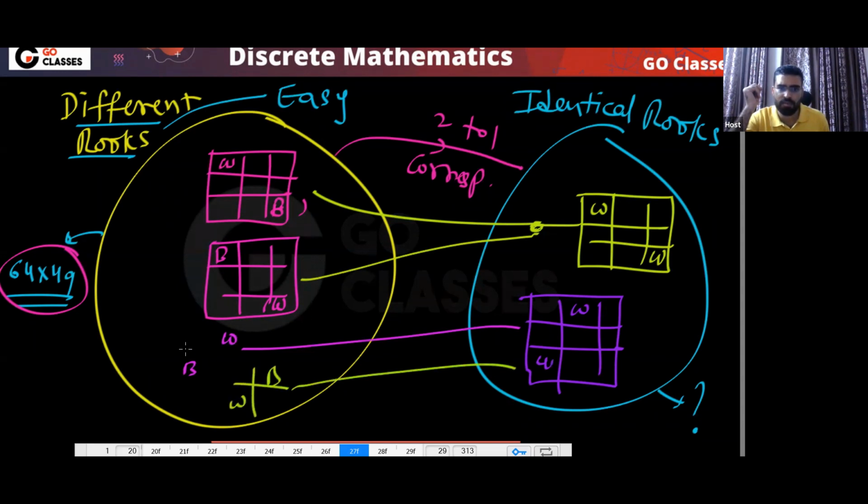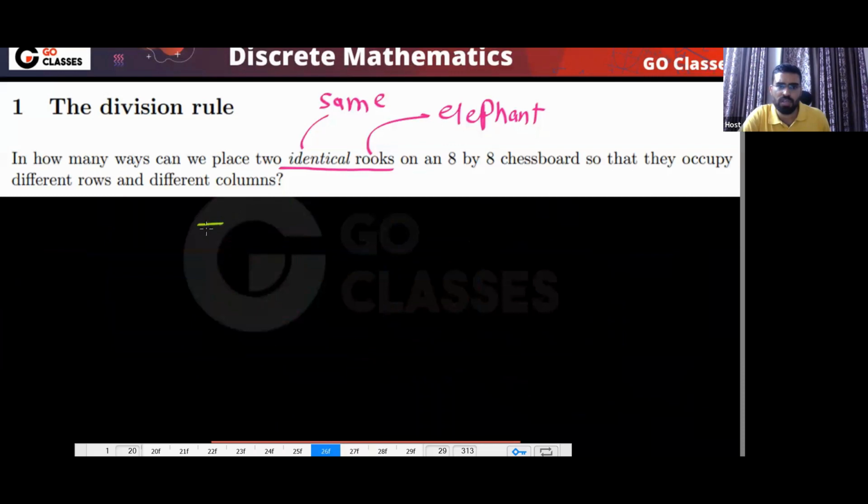So finally I have a 2 to 1 correspondence, and now I can find the answer for identical rooks. The answer for identical rooks will be your answer for different rooks, divided by 2.